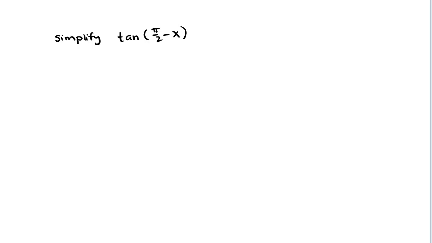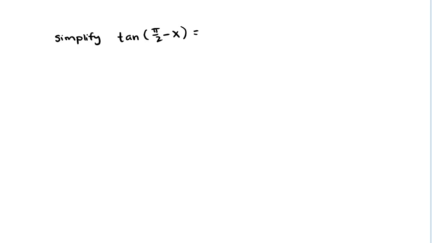Okay, so we've evaluated sine and cosine at a sum or a difference of two angles, but how do we deal with tangent of a difference of two angles? Let's say I wanted to simplify this tangent expression involving a difference of input values. Tangent is really equivalent to sine of our input angle divided by cosine of our input angle.